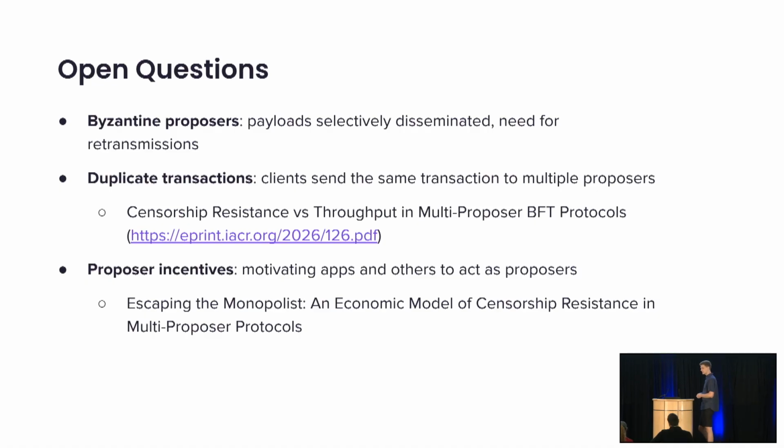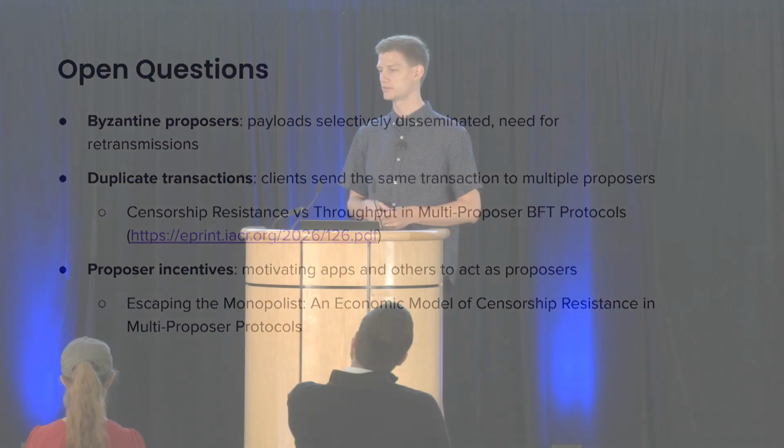And then finally, incentivizing proposers. I put Pranav's paper up here that he presented on Monday. I'll leave him his talk that's directly after mine to answer all of the questions around this final bullet here. But the idea is we want to motivate apps and others to act as proposers and understand the economics of this new paradigm of protocol better.